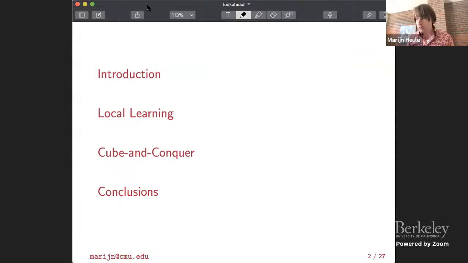This talk will focus on four parts. First, I have a rather large introduction on SAT, but focusing on look-ahead. And I think the coolest thing about look-ahead is the so-called local learning aspect. Frequently when I see other papers about look-ahead, they ignore this aspect.